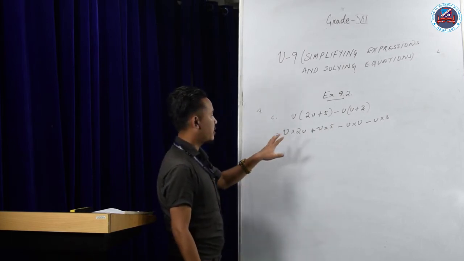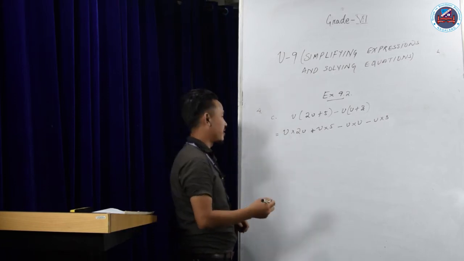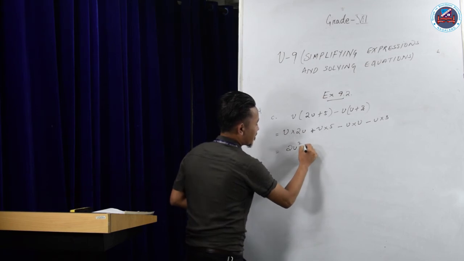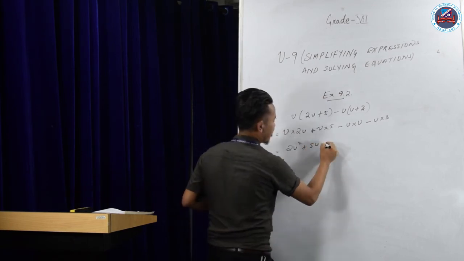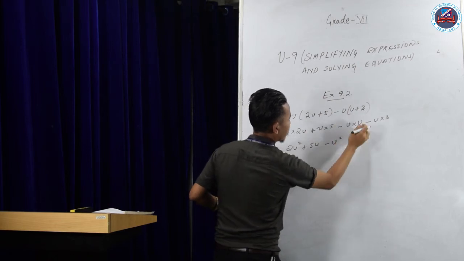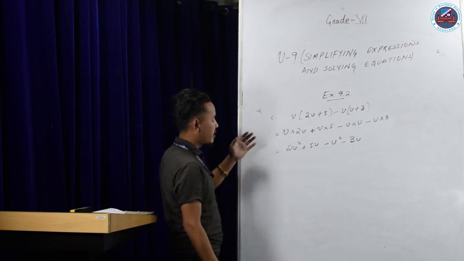My u looks a little bit like v, but refer back to the question, it's actually supposed to be u only. So u into 2u, I get 2u squared, plus 5u, minus u squared, minus 3u. Let's recheck it again.